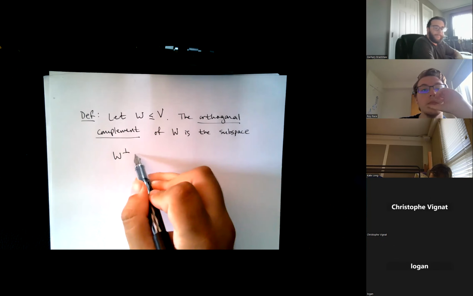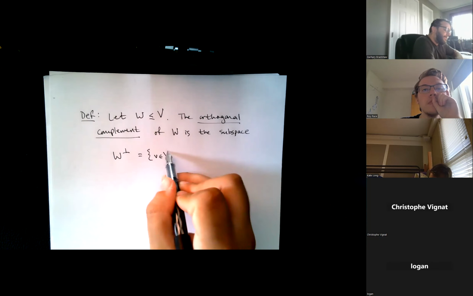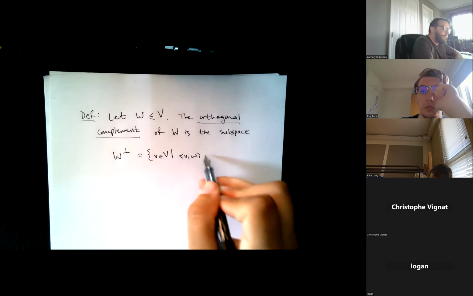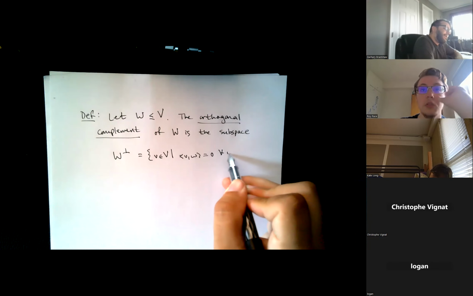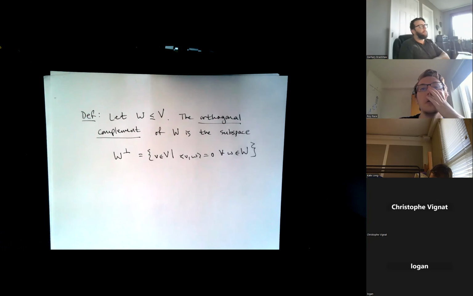So this is W perp. This is the set of v in V such that the inner product of v with w is 0 for every w in the subspace W. So it's the collection of all the vectors in V which are orthogonal to every vector in W.